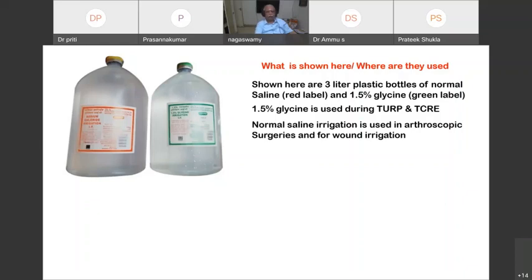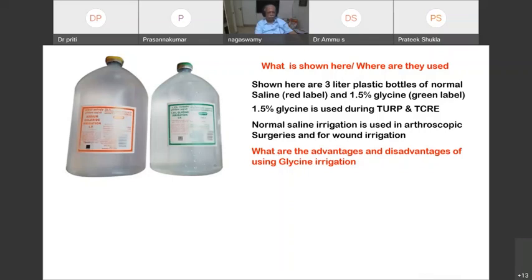Okay. So normal saline is used even in arthroscopic surgery. What are the advantages and disadvantages of using glycine? Maybe an additional question in the examination. Why would someone prefer glycine instead of saline? So saline is an ionic fluid, which means during cauterization the current will get dispersed.